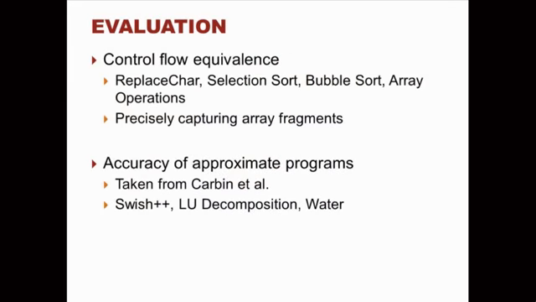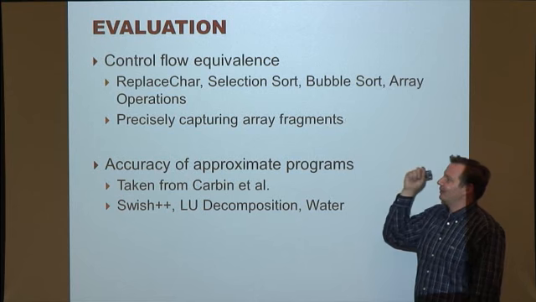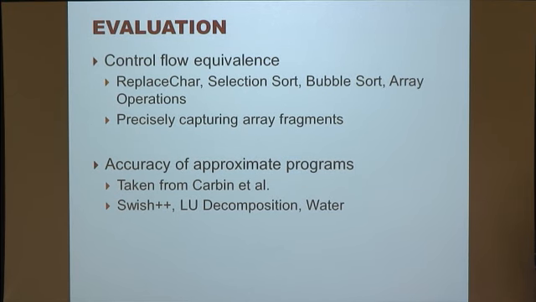Okay. We do have a little bit more extensive evaluation than just these two examples, and we have a couple more for control flow equivalence. Selection sort is pretty interesting because it has some of the similar flavor to replace character. There are updates to the array that don't really influence control flow.